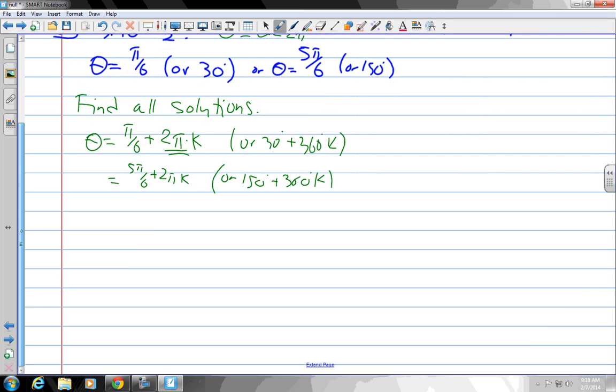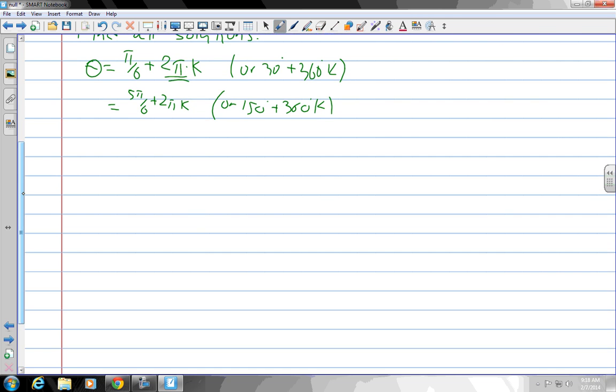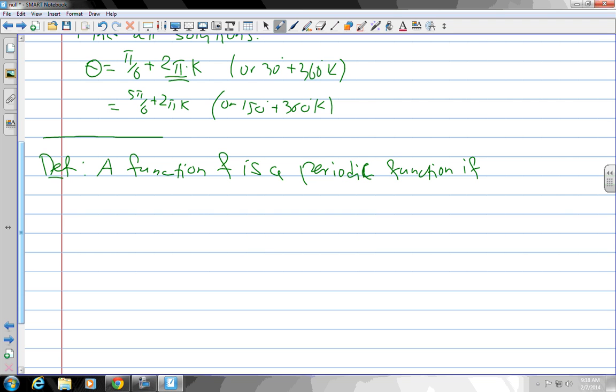So basically, the definition of a periodic function is: f is a periodic function if there exists, I'm not going to use the fancy symbols, a real number p so that f of x equals f of x plus p for all x's in the domain.